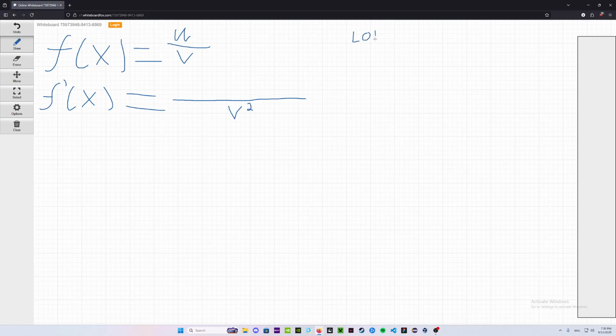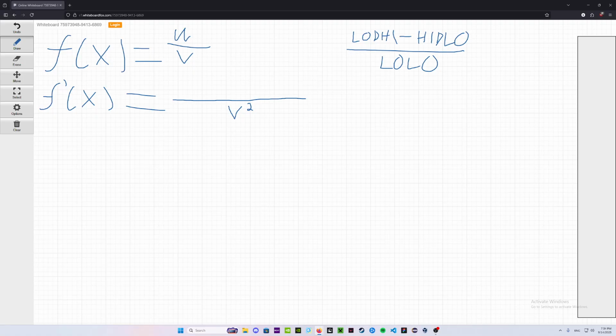This basically means that you're going to have the thing on the bottom times the derivative of the top minus the thing on the top times the derivative of the bottom, all over the bottom squared.